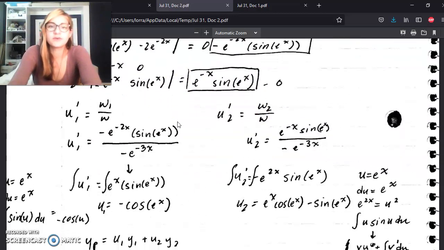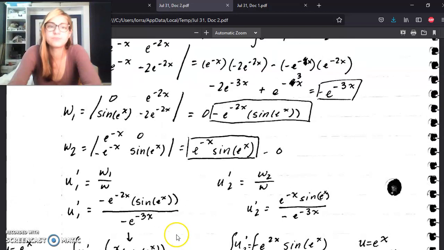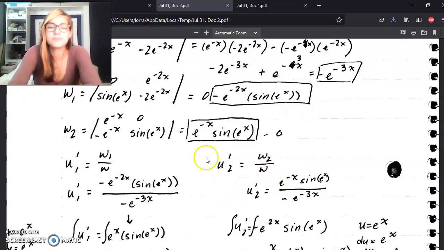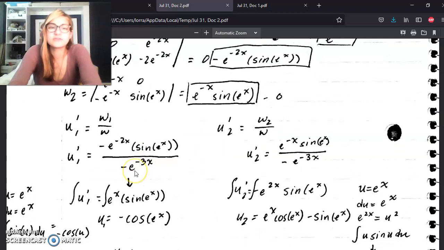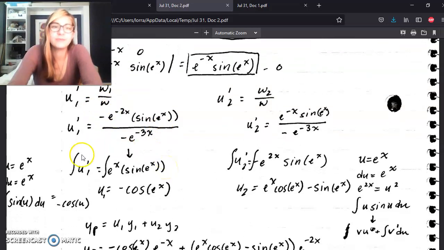Now, your y particular is in the form of u1 y1 plus u2 y2. And you know that u1 prime is equal to W1 over W, and then u2 prime is equal to W2 over W. So in order to solve for u1 and u2, I took that division problem and then I integrated.